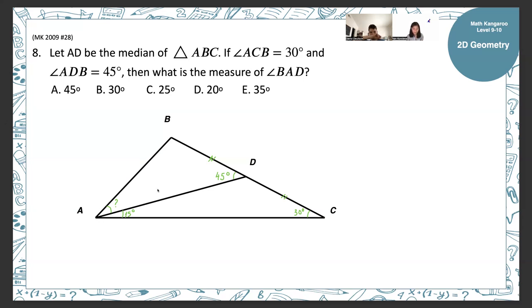So when I look at this question, I have a 30 here and 15 here, and I thought, okay, how can I make use of that information? I want to bring this length closer to this length.